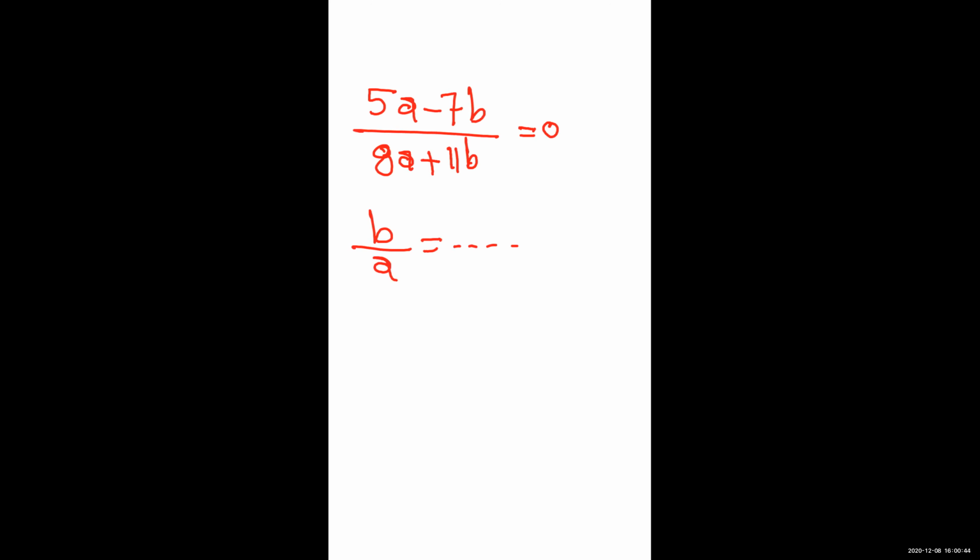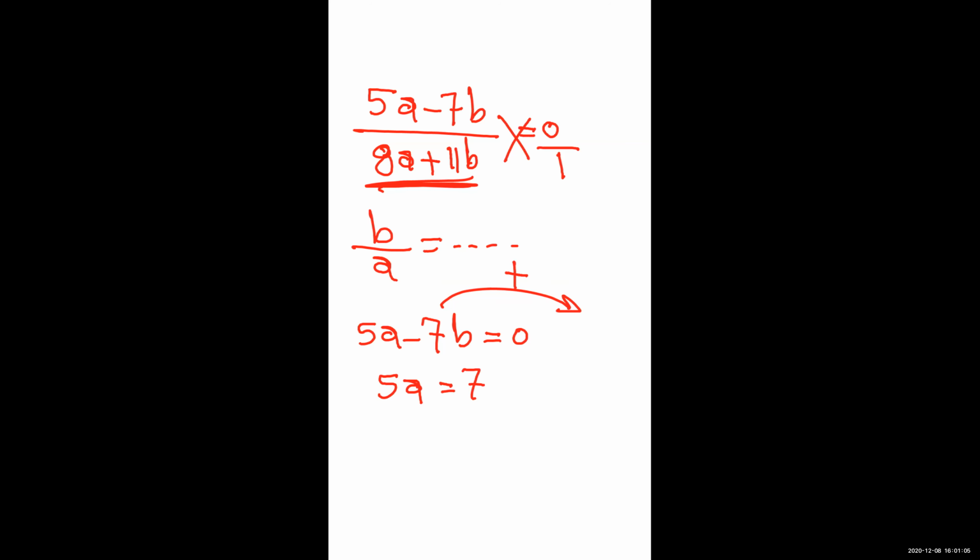Okay, also cross multiplication. This one actually is 0 over 1. So cross multiplication, this term times 0 means 0. So 5a minus 7b will equal 0. So 5a, negative 7b, it will be positive, will equal 7b.